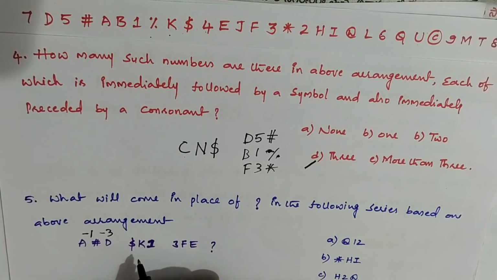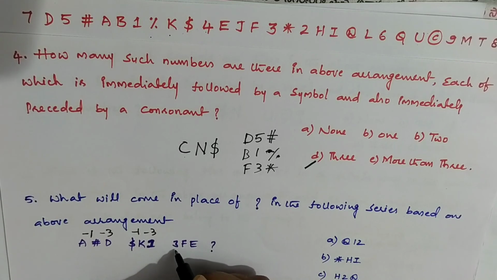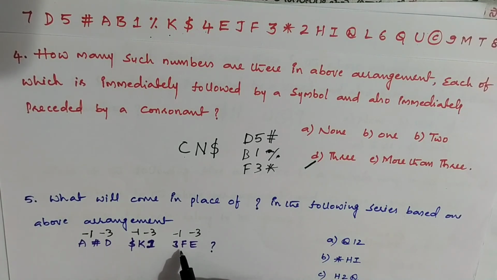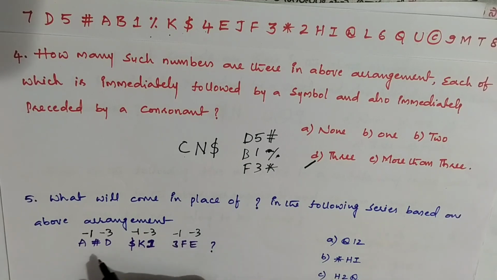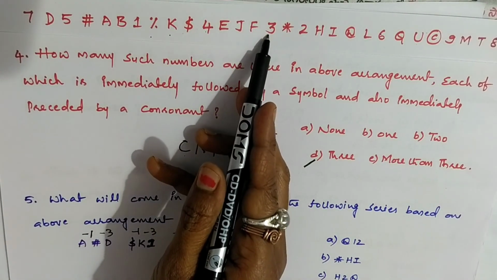Next one, dollar K1, minus 1, minus 3. 3FE, minus 1, minus 3. Here in between the series we are finding minus 1 and minus 3 relation. What about this A dollar and 3?